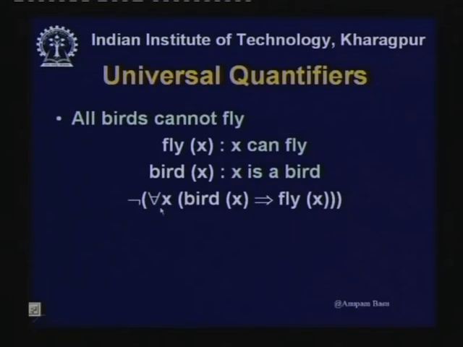If I had written for all x, if x is a bird then x can fly, that is not true. I am saying all birds cannot fly, so this entire statement, for all x, bird x implies fly x, is not true. This is the predicate logic expression with quantifier and variable for the statement all birds cannot fly.